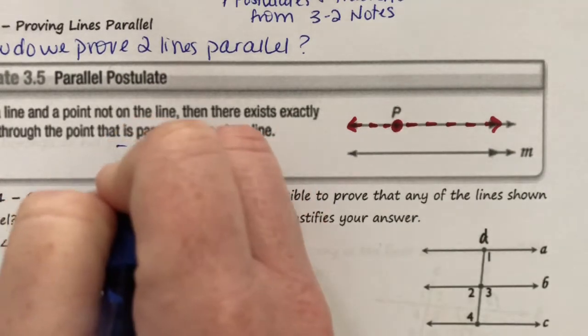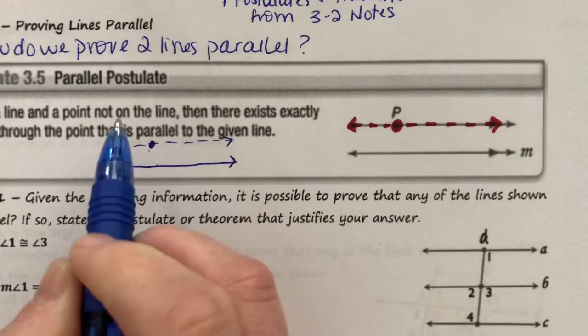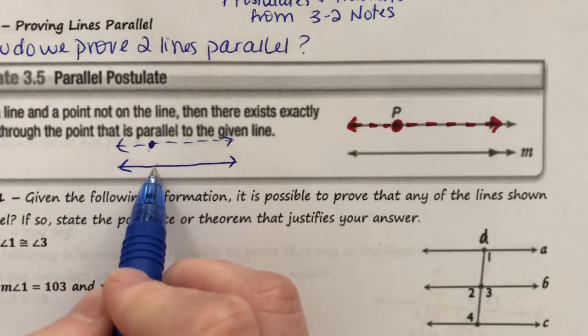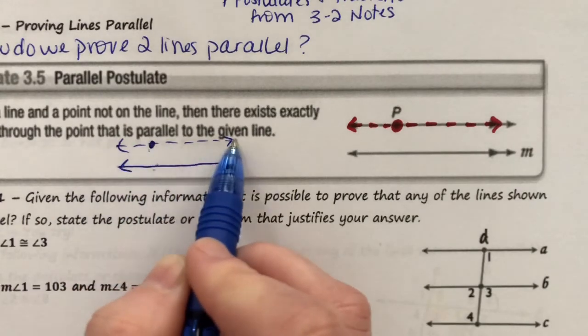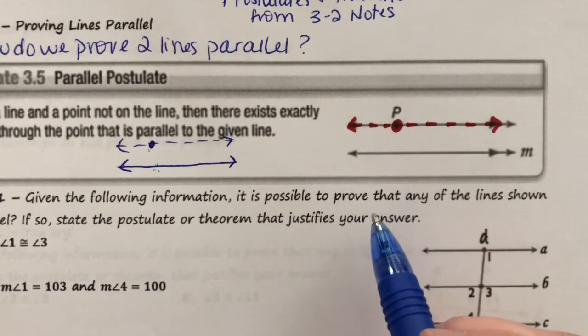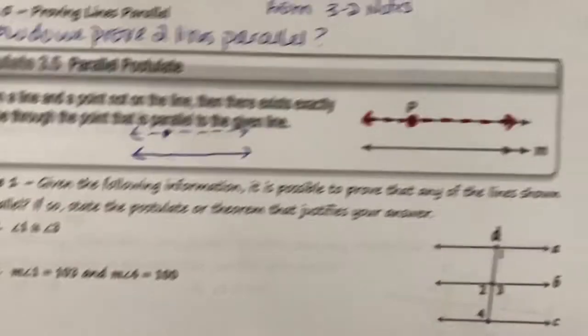The dotted line going through this point is parallel to this line. That's all they're showing here. We're not going to use that a whole lot today. That's what a parallel line is.